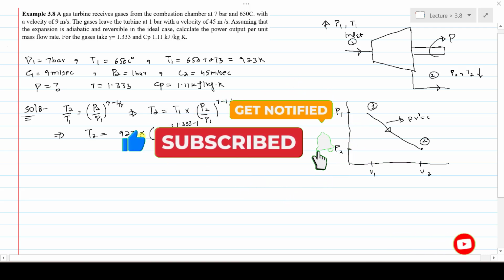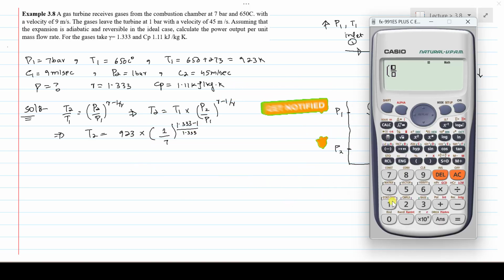Let me solve this on the calculator. So this P2 divided by P1 ratio is raised to the power of gamma minus 1 divided by gamma. When I solve this on the calculator, it gives you the final value of 0.615.